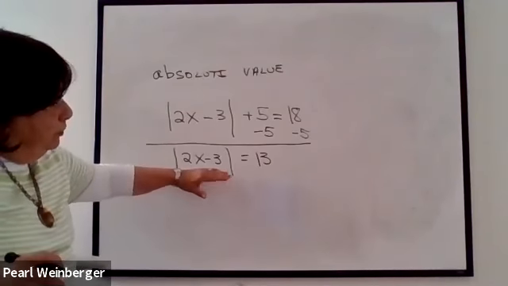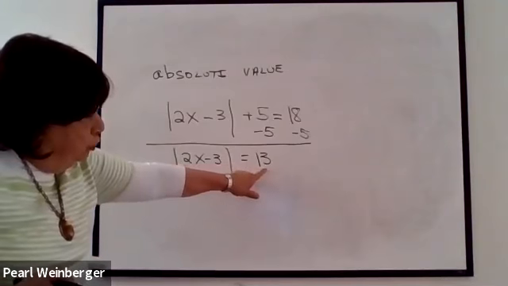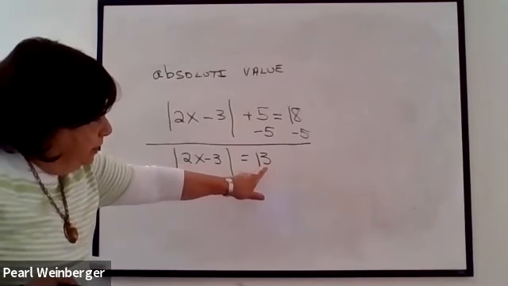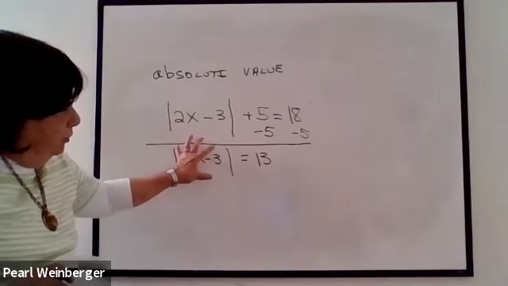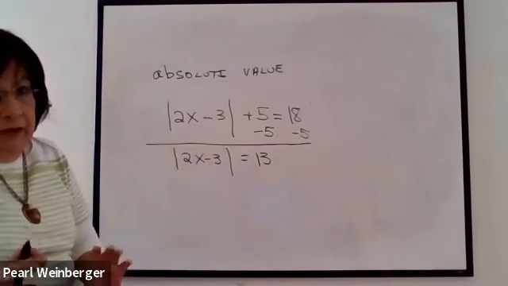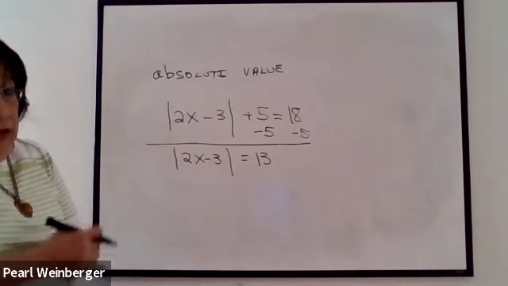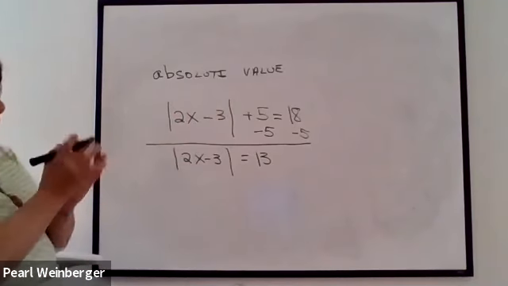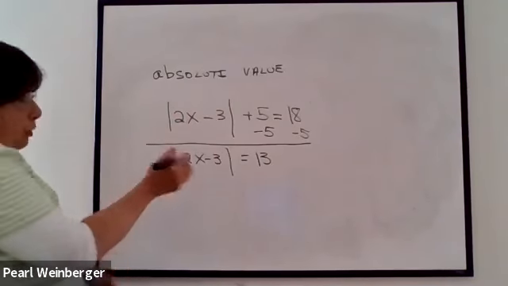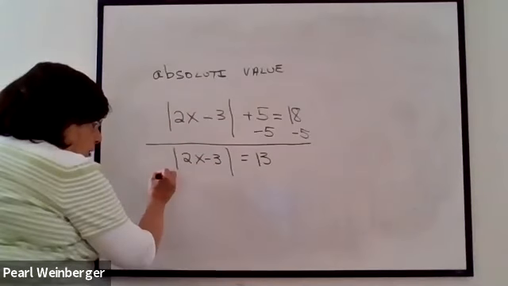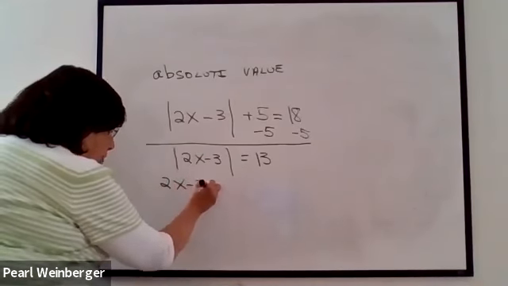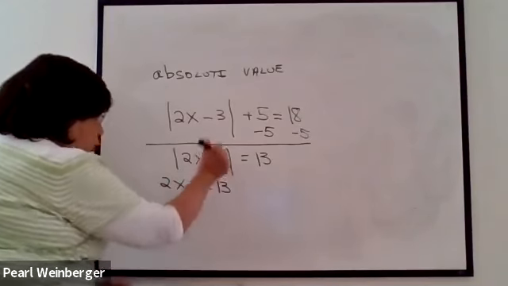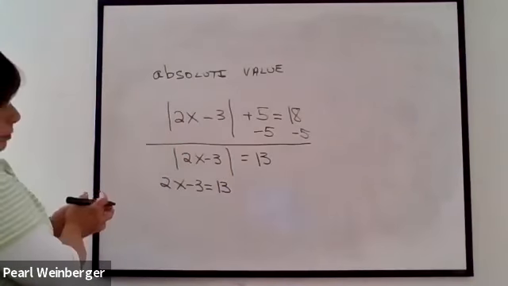Once you have the absolute value by itself, make sure the number on the other side of the equal sign is positive, because the absolute value always has to be positive. Well, it is. So then break your equation up into 2 equations. Write 2x minus 3 equaling 13, in other words just dropping the absolute value.